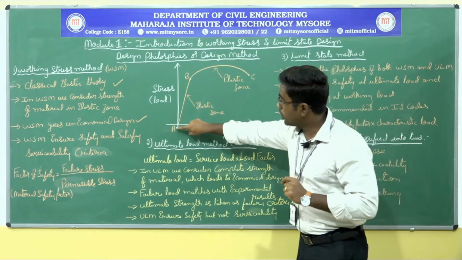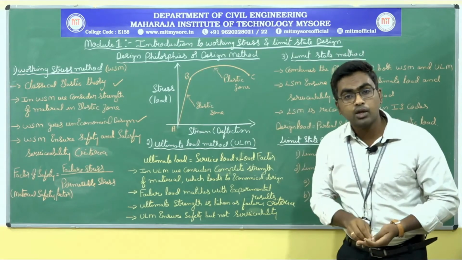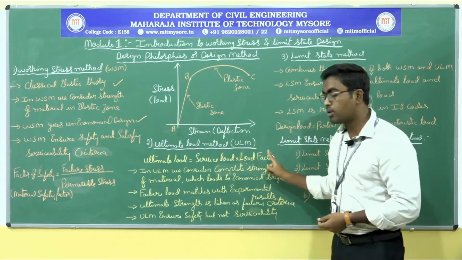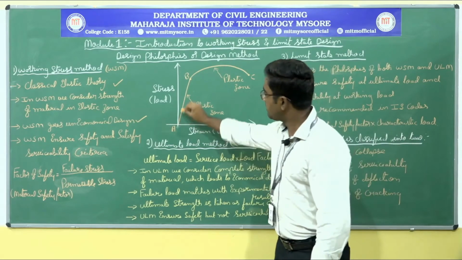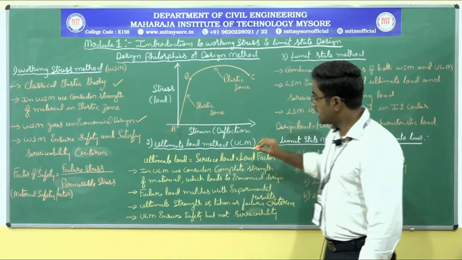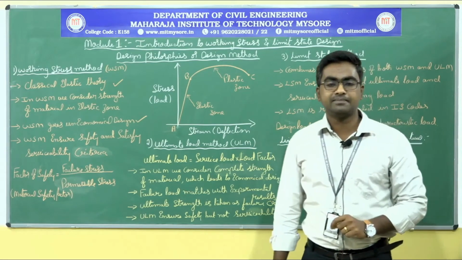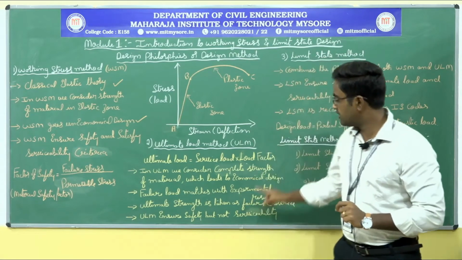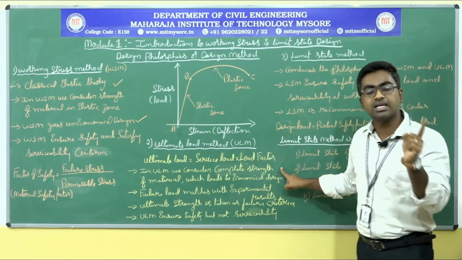That means we use the complete strength of the material up to the failure point. Because we are using the complete strength of the material, the ultimate load method will give an economical design.